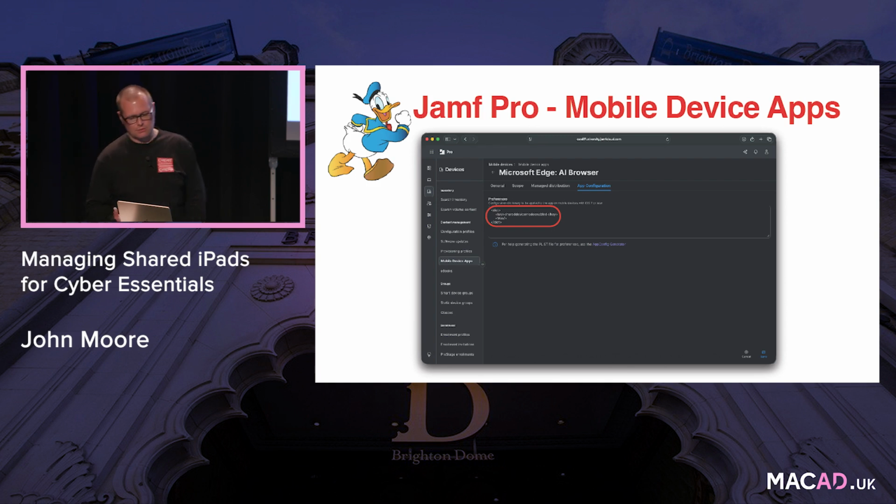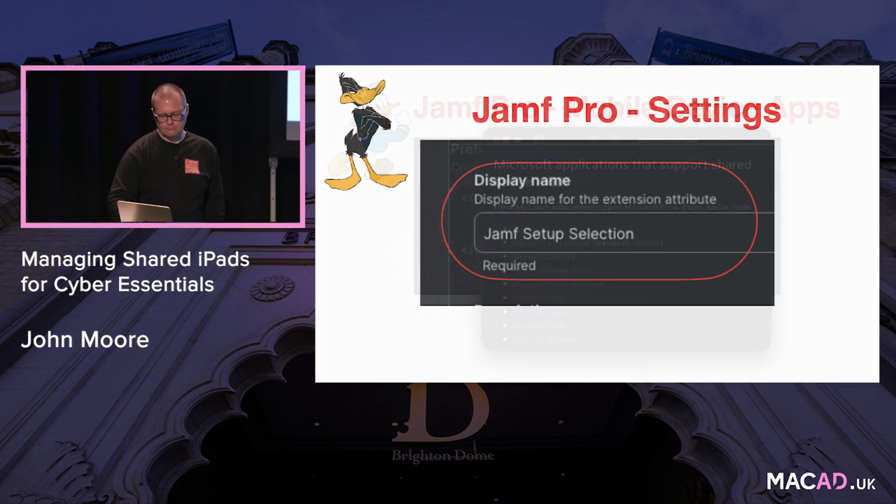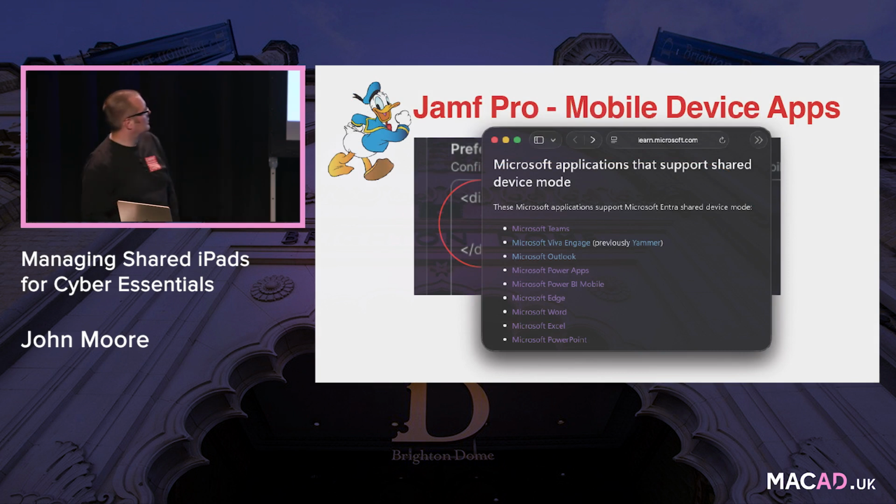The effect of that is when the next user signs into the device and this key is set to true, it's going to forget the last person, clear that session data and give the new user a clean experience going forward, using that single sign-on extension as well. And this is a list of all the applications that currently support shared device mode. This is all linked on GitHub as well.